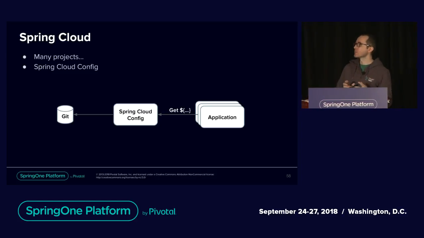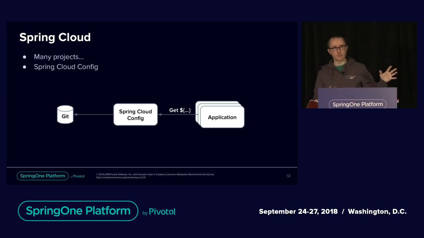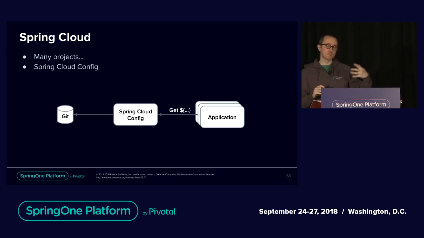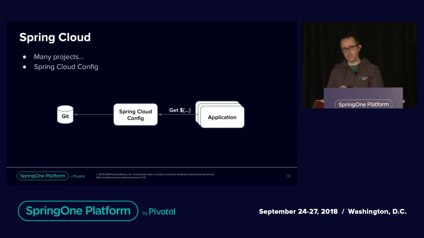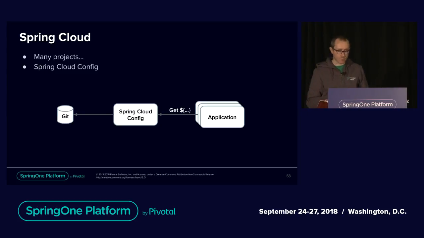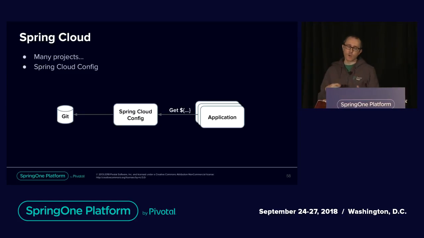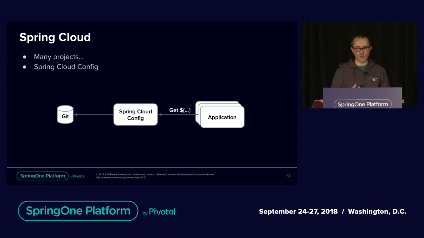So with the Spring Cloud Config module, you can write all your configuration inside a Git repository and make this configuration available over HTTP with the Spring Cloud Config Server. And when your applications start, they will get their configuration info from the Spring Cloud Config Server through HTTP. That's the bare minimum you need for a large microservices architecture, a configuration server like this.